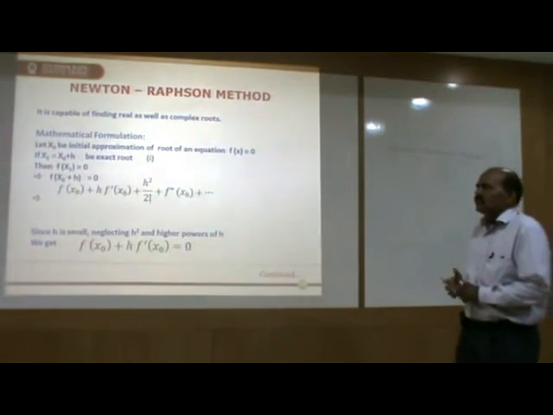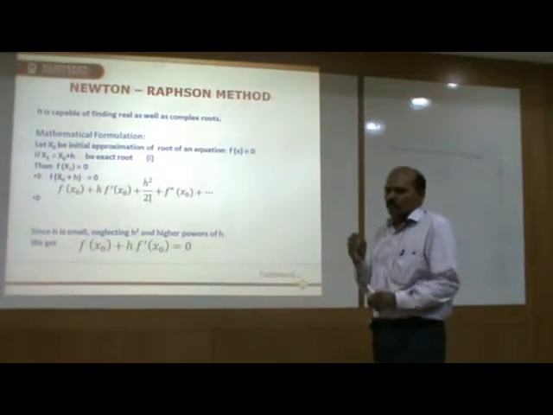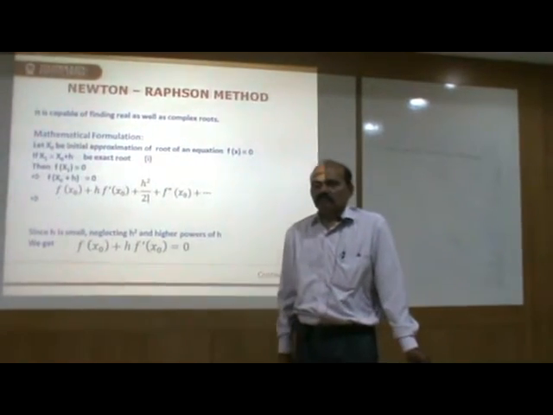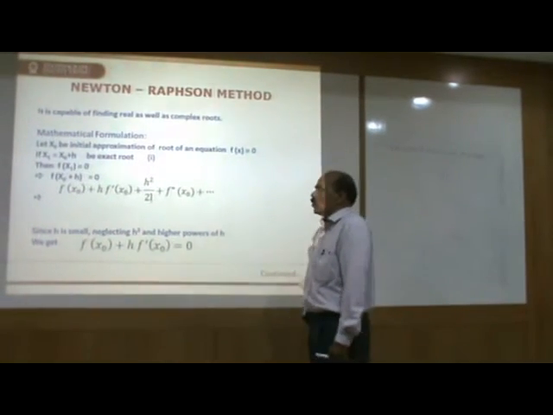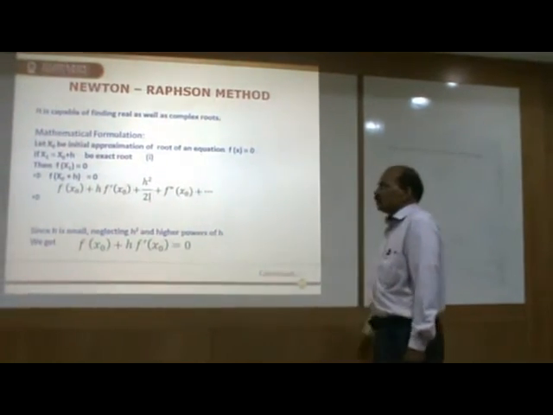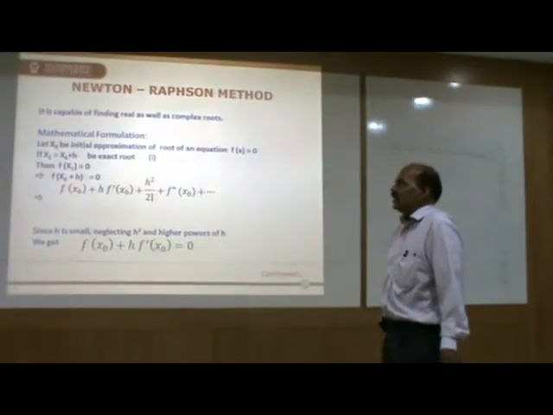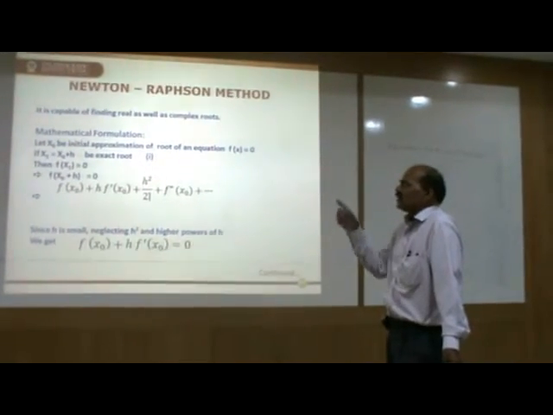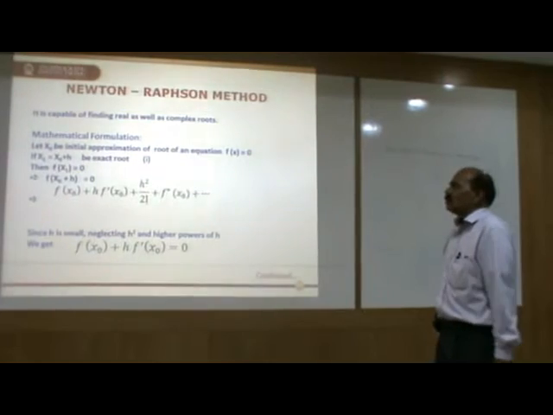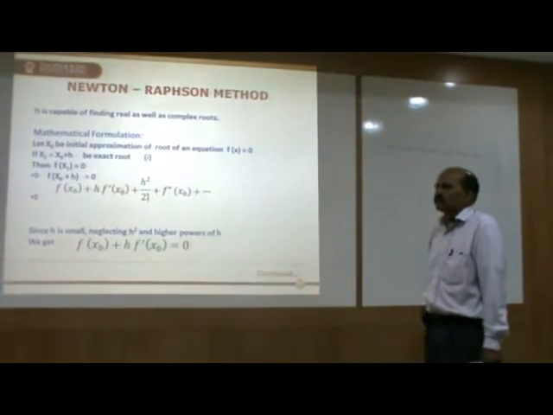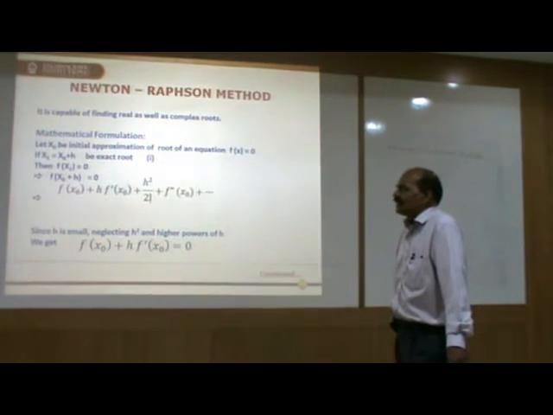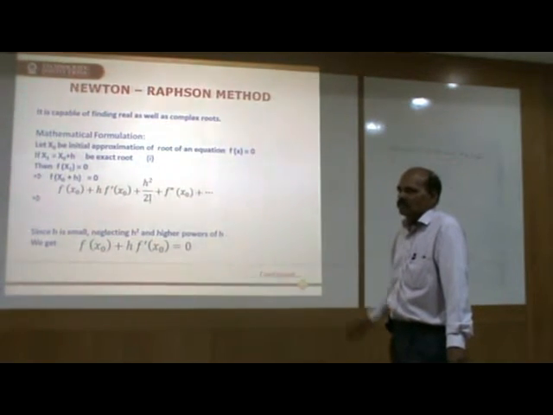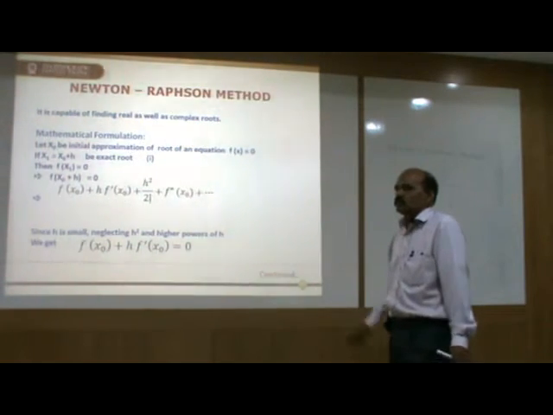In Newton's Raphson method, an initial approximation x0 is required. We shall determine this x0 by the intermediate value property. You can see in the PowerPoint presentation, if x0 is the initial approximation of the root of the equation f of x is equal to 0, then we can take x1 is equal to x0 plus h as an exact root. If this is an exact root, then f of x1 will be equal to 0.